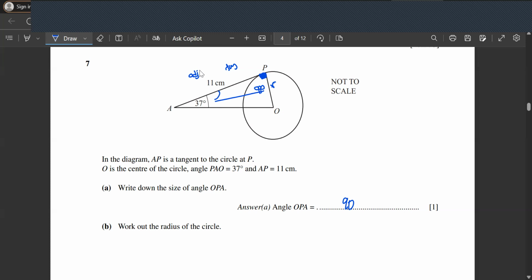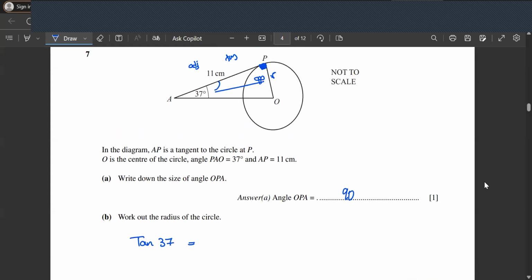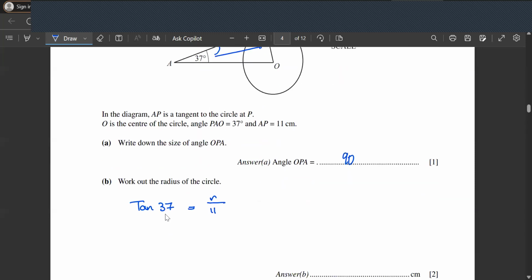Which ratio using opposite and adjacent? Tan. So I have here tan 37 equal opposite over adjacent. Then from here r equal 11 multiply by tan 37. 11 tan 37. It will be what? 8.289.